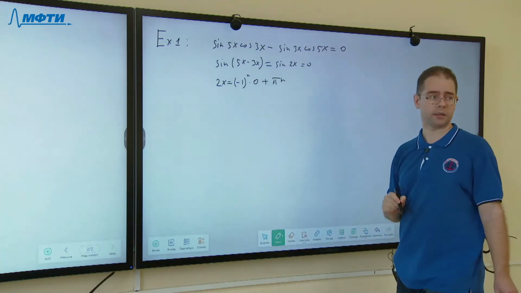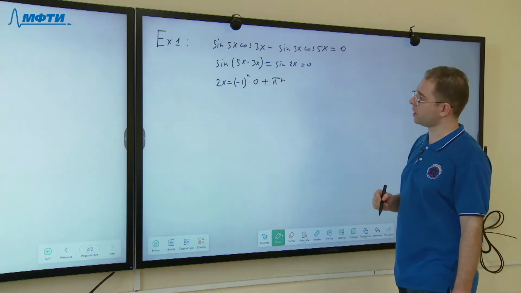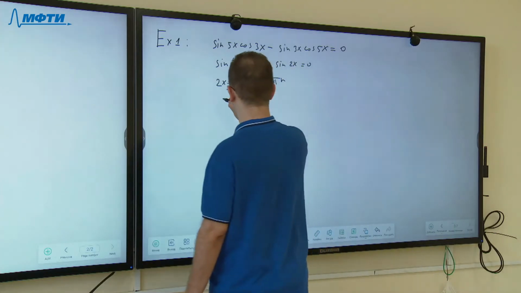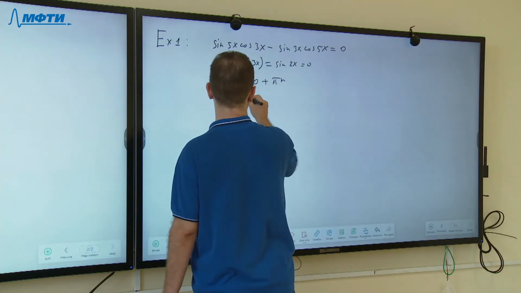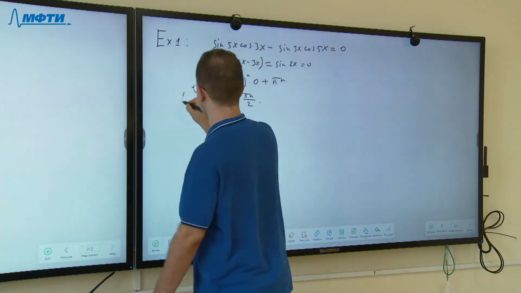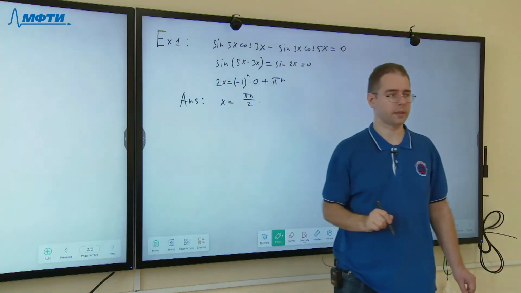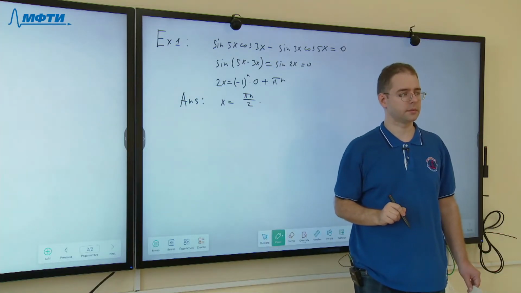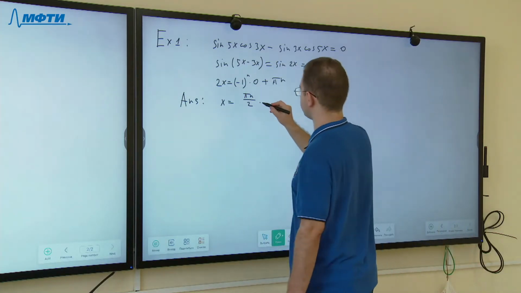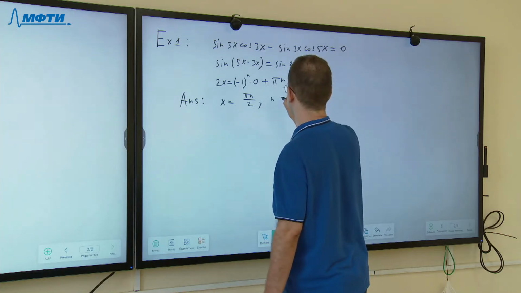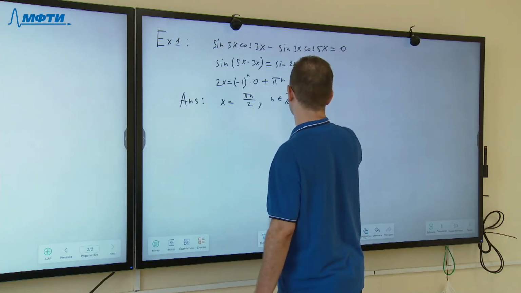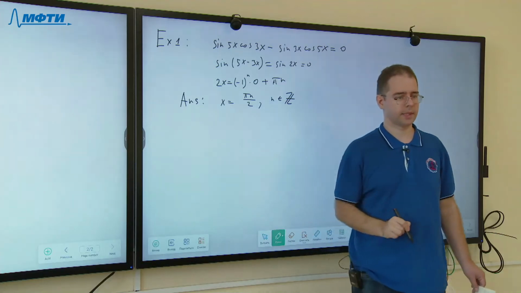Then we express x from here. x equals pi n by 2. And this is the answer. n is an integer, yes.